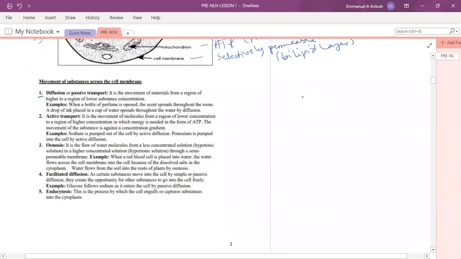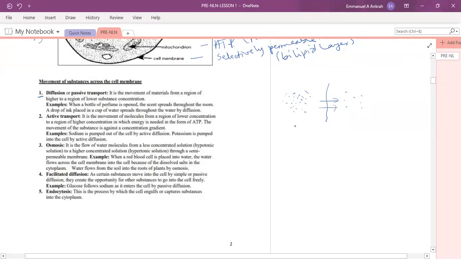For some reason, I don't know why today my pen is so slow. Okay. So you have, let's say, particles here. So this is crowded particles, and then less crowded on this side. Okay. So diffusion basically is a movement of a molecule from a region of high concentration to a region of low concentration. So the molecules move from high to low, right?